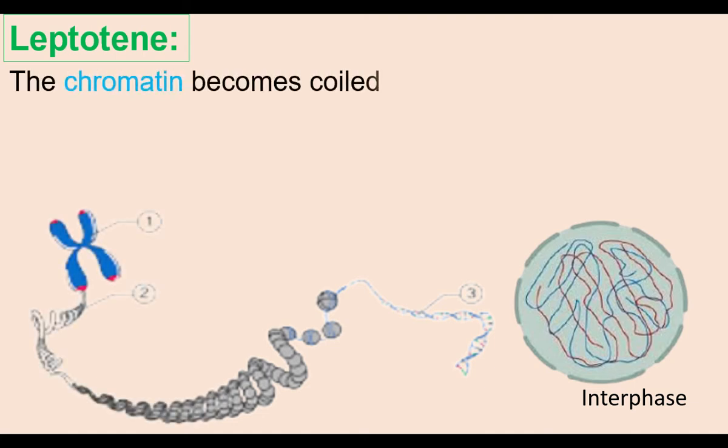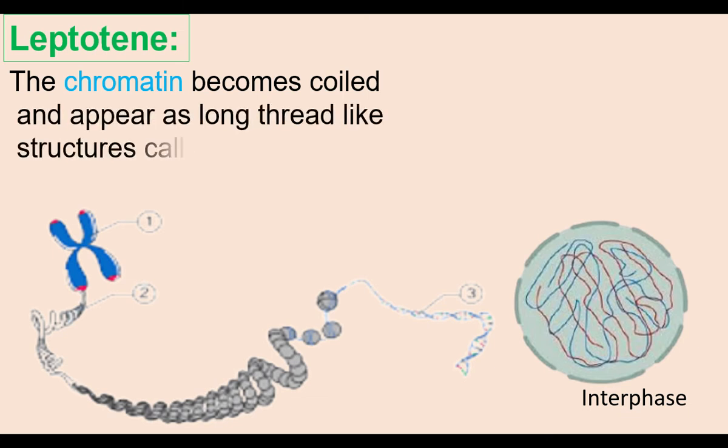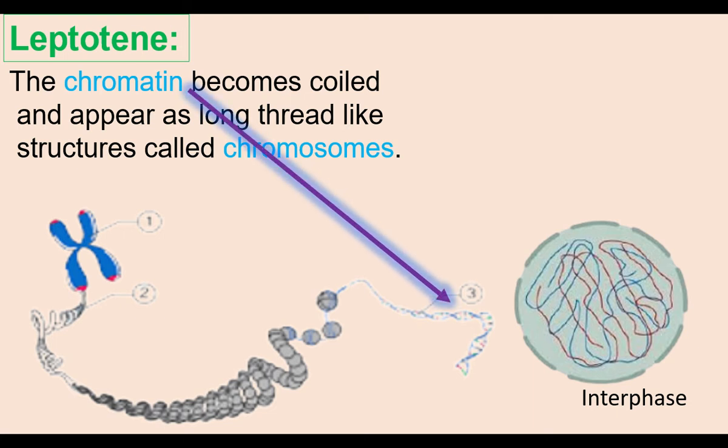The chromatin becomes coiled and appears as long thread-like structures called chromosomes. This is chromatin and this is chromosome. This chromosome is short and thick, but the chromosome of the leptotene stage appears as a long thread-like structure.